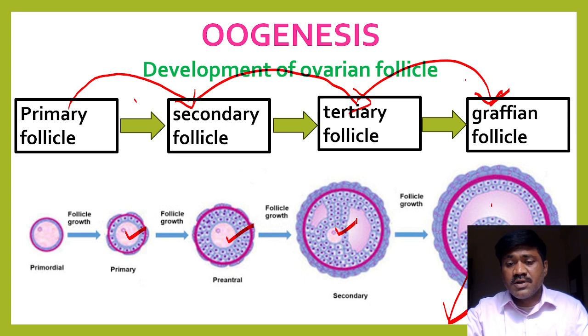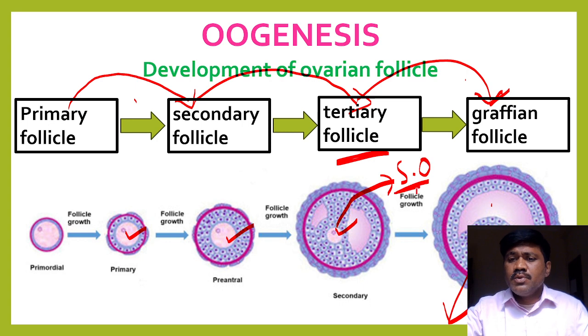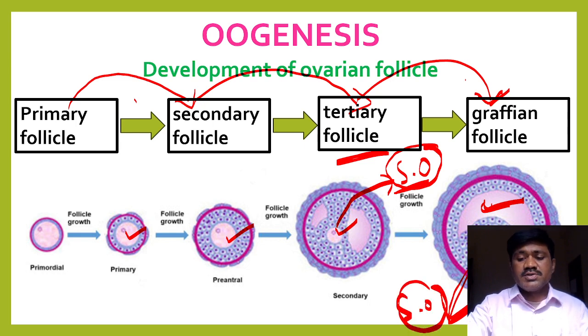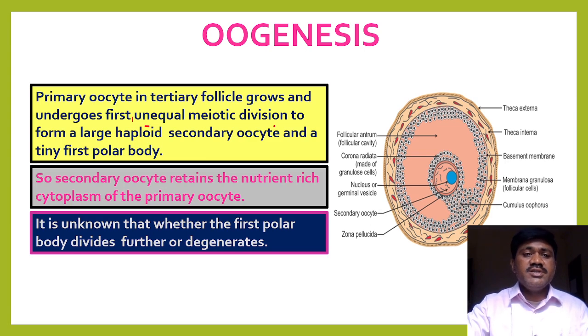Primary oocyte. But in the tertiary follicle, from the primary oocyte, the secondary oocyte will be developed, means cell division takes place and the secondary oocyte develops. Now in the Graafian follicle, the secondary oocyte is there. When the Graafian follicle matures, it releases the secondary oocyte. This process is called what? Ovulation process.